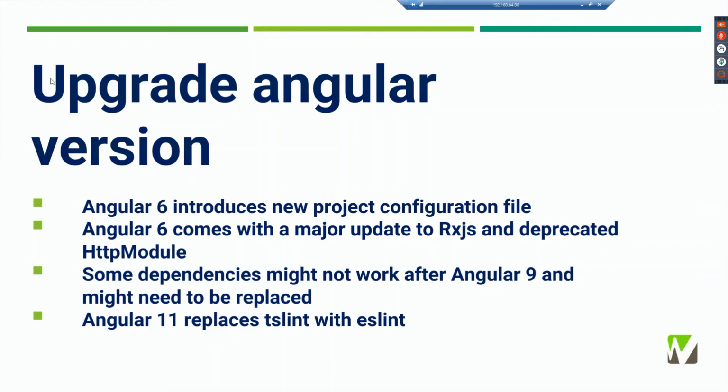Okay, what should I do with this dependency? What is the equivalent of this dependency after Angular 9, and so on. With Angular 11, there's also a replacement of TSLint with ESLint, so you will need to migrate your linting configuration to this new format.